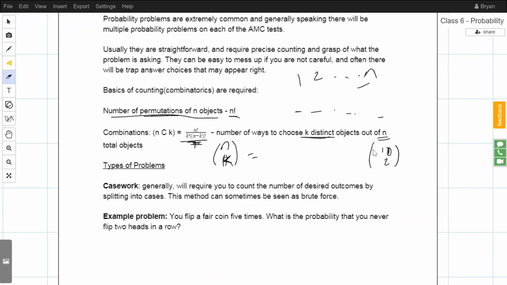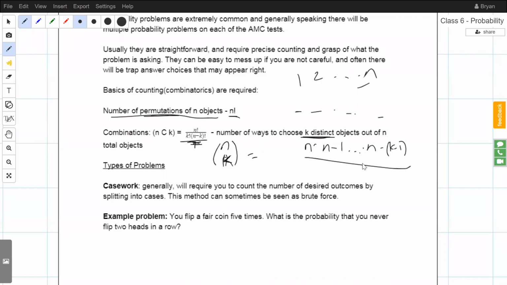The concept behind this is that the first object we choose has n ways, the second has n minus 1, and so on until we have times n minus, I believe this should be k minus 1. This is the number of ways to take k objects in order.